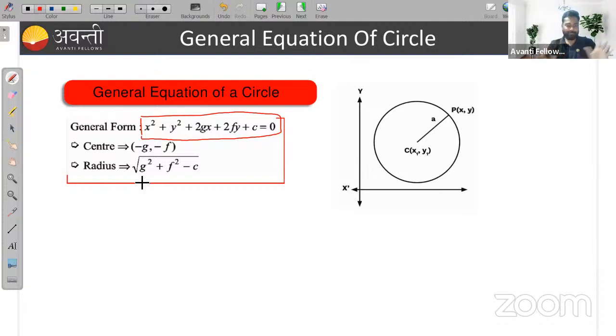Or do you need me to explain in detail? Okay, no need to go through the derivations. Just remember this center and radius. We can also derive it from this equation.